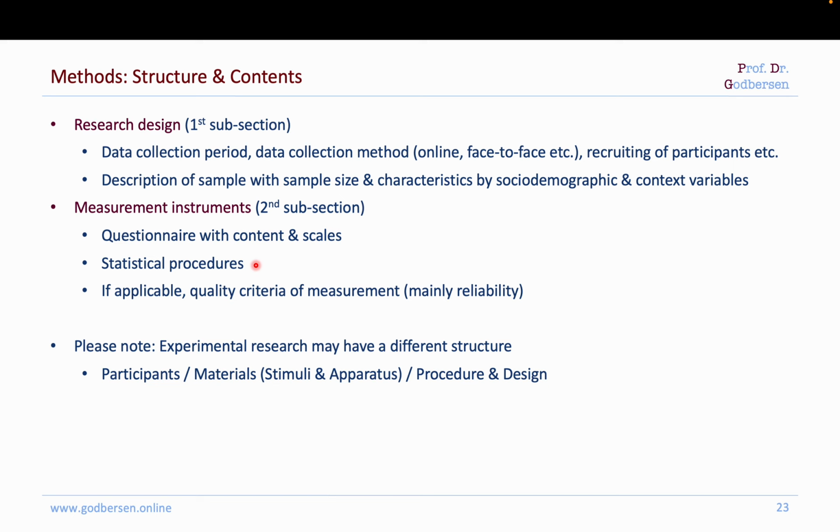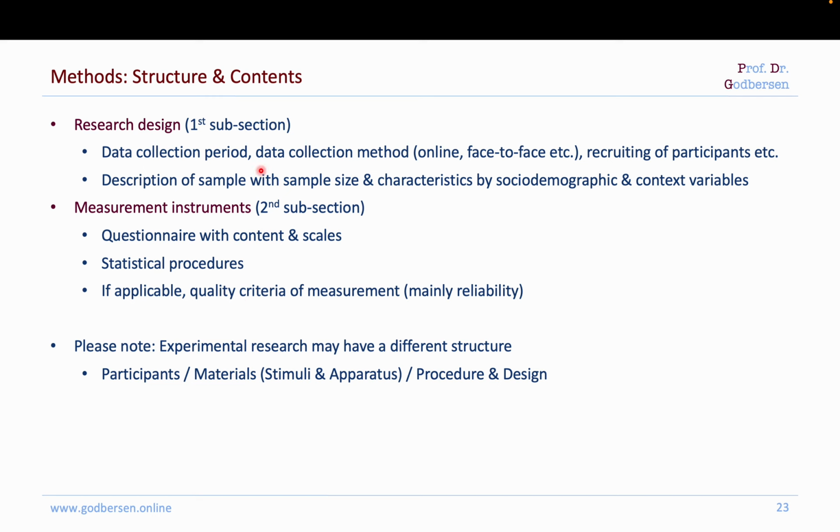Not always, but quite often, you need to show the quality criteria or the adequacy of your measurement instruments, to show did your measurement work out. I will give you in a moment an example, and I hope this will make it clearer what to put in this fourth section, methods.